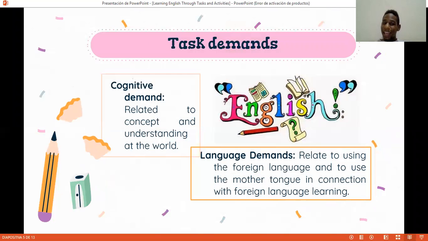Okay, task demands. We have two important task demands. The first one is cognitive demand, that is related to concepts and understanding of the words. So how the students relate the new concepts or the new topics with their own environment. Also, we have language demands. That is related to using the foreign language and using the mother tongue in connection with foreign language learning.